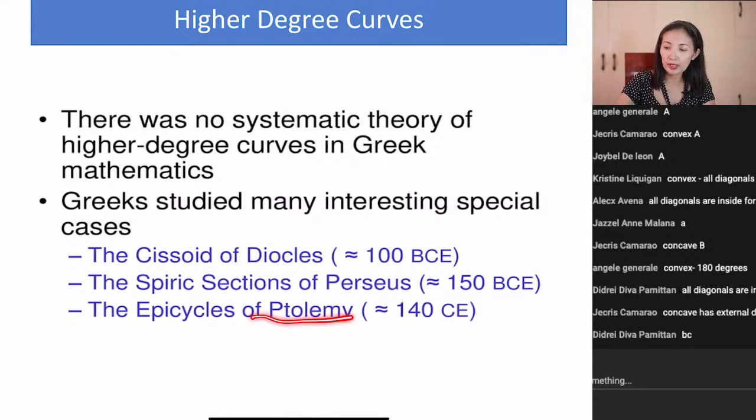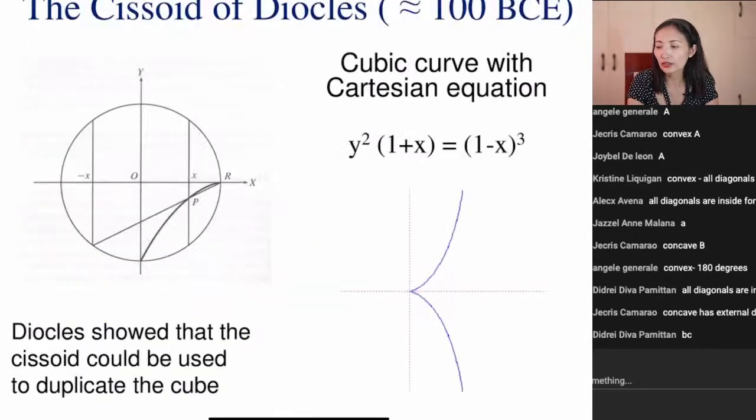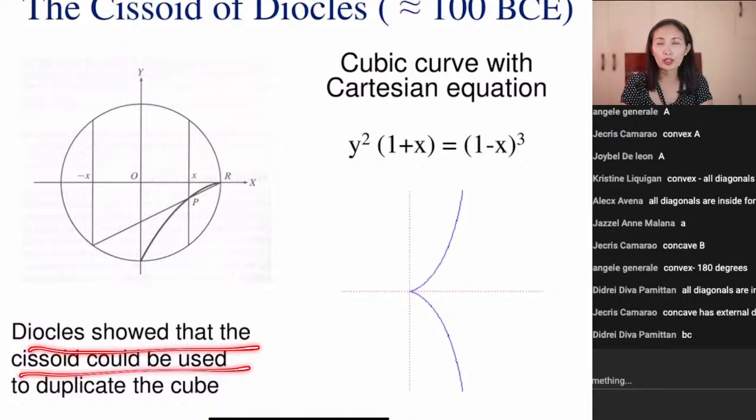Ptolemy is one of the Greek mathematicians after Euclid that we will discuss later. The cissoid, which looks like this. He showed that the cissoid could be used to duplicate the cube. So really, their concern is to solve the three famous problems: duplicating the cube, squaring the circle, and trisecting an angle.